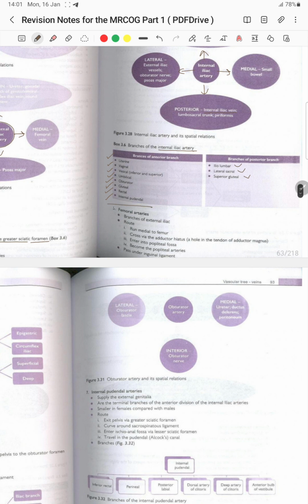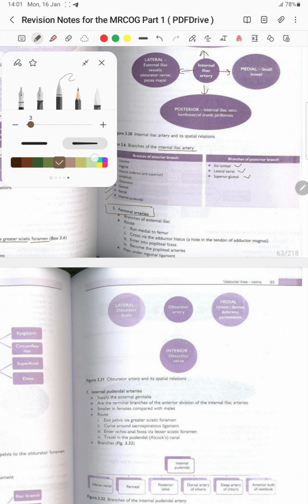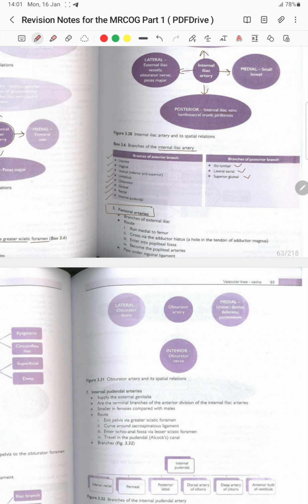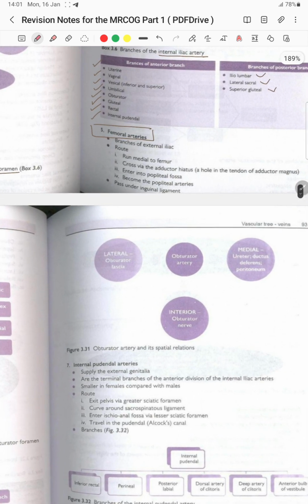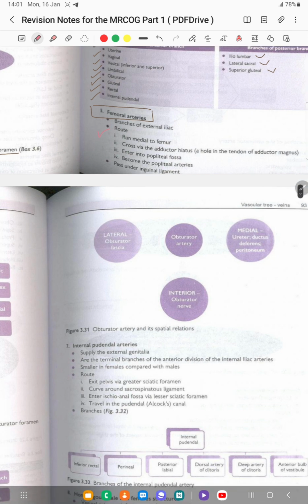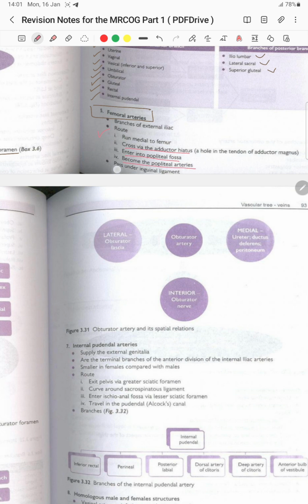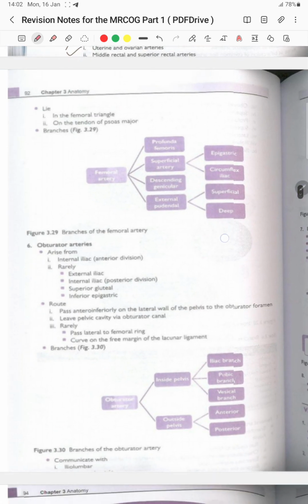Now another major branch is the femoral artery, and the branches of the external artery. The route of the femoral artery: it runs medial to the femur, crosses the adductor hiatus, enters into the popliteal fossa and becomes the popliteal artery, and passes under the inguinal ligament.